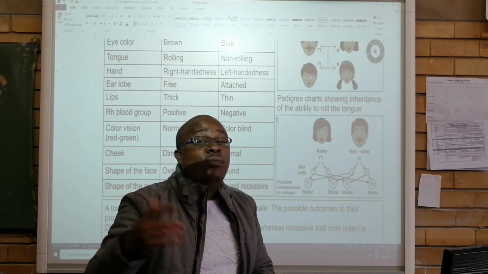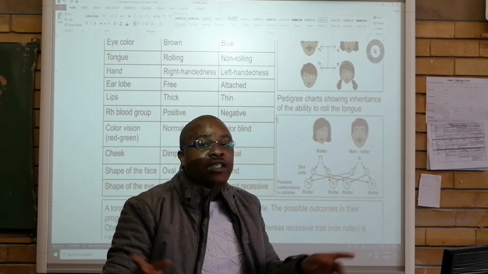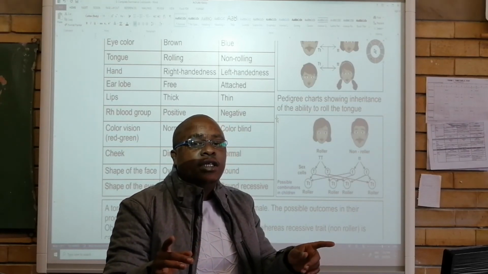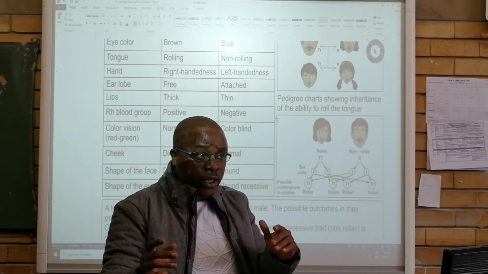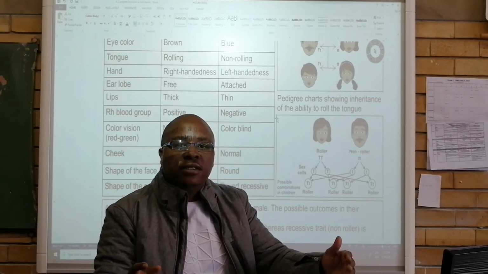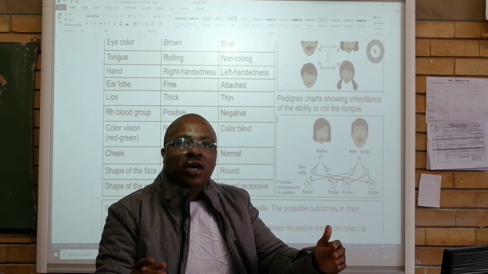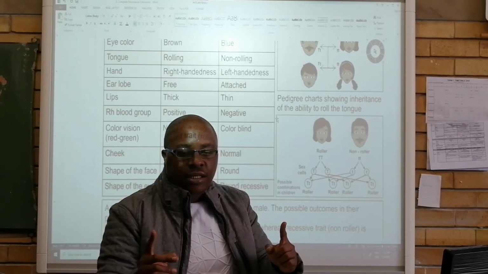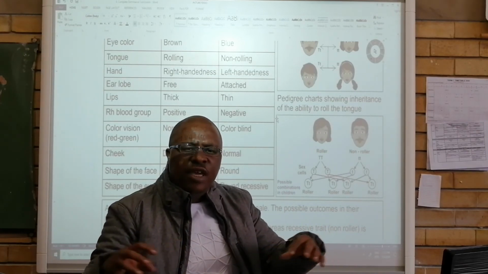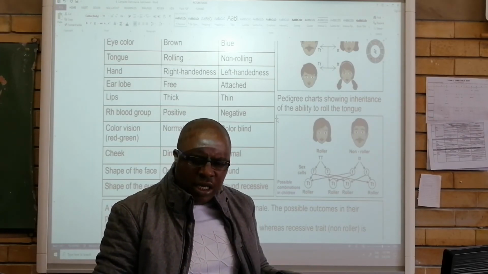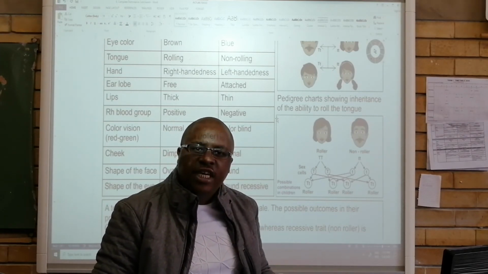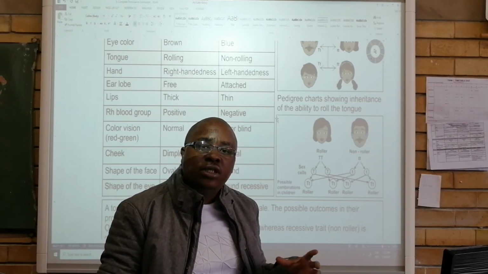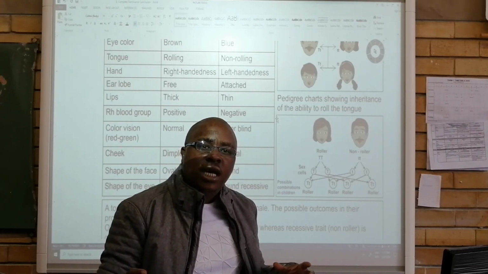If it was in the dominant form, every time there'll be crosses, you're going to end up with a lot of phenotypes, and if there's a heterozygous state, can you imagine that every time they are reproducing.